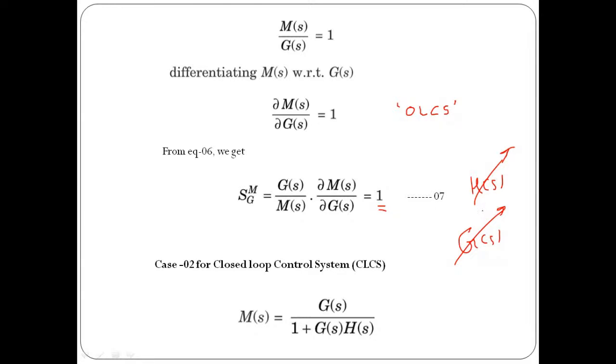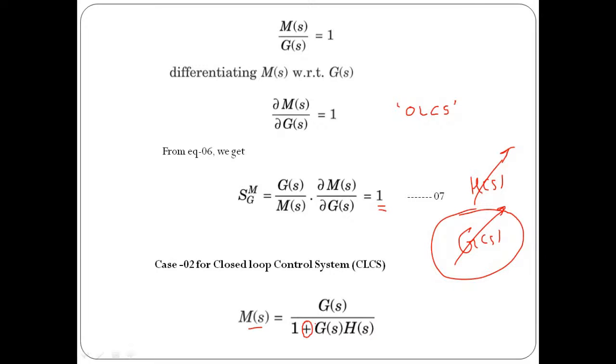First we will vary the forward path gain and check how the sensitivity will be in that case. In a closed loop control system, the overall gain is G of s upon 1 plus G of s into H of s. Now why have we taken plus over here? Because I told you that we want to minimize the sensitivity, and this is possible only for a negative feedback system.